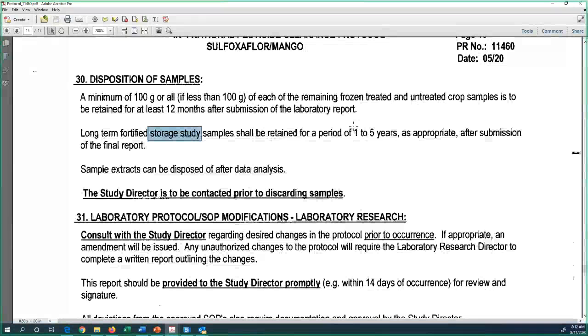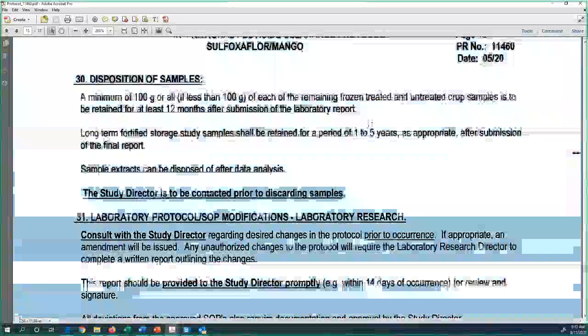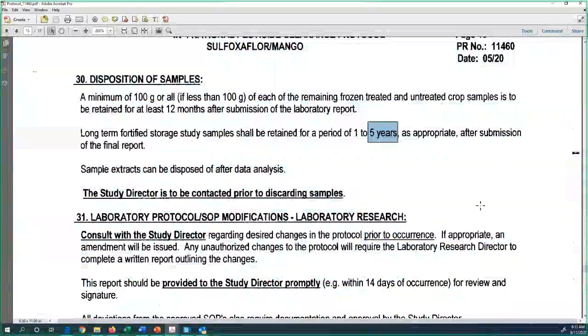Normally it is 3 to 5 years after the submission. We keep 5 years in my lab in Michigan. Even after 5 years, when we need to discard these samples, we still get approval from the study director. You see, it says here the study director needs to be contacted prior to discarding the sample.